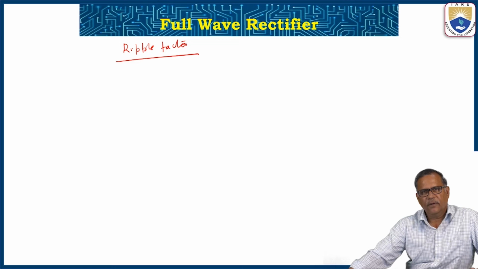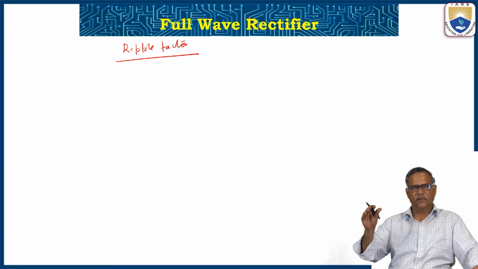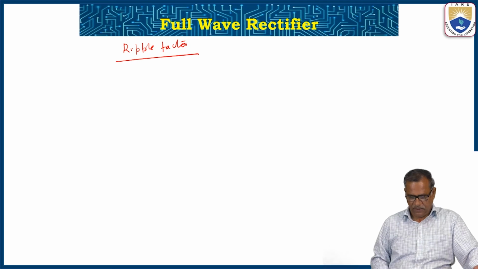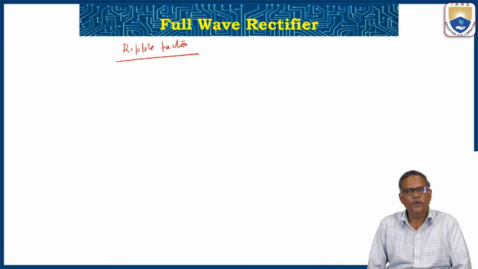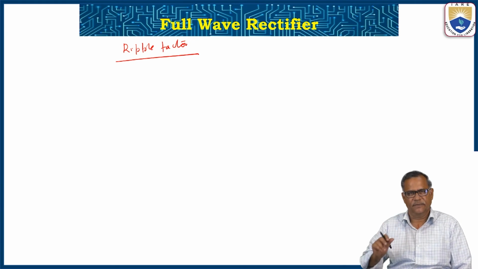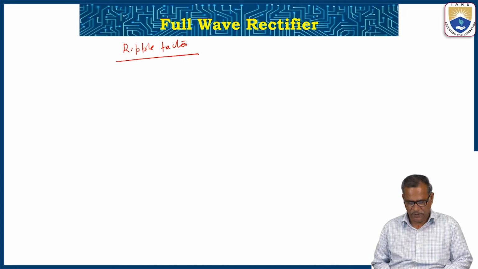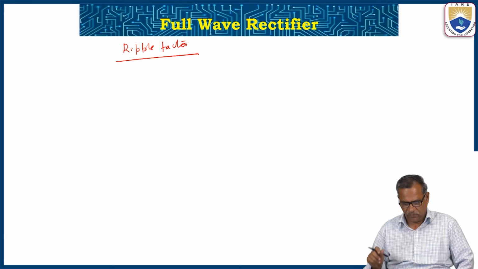See, ideally we require a DC output, without any fluctuations or variations. But the output is not ideal, it is not pure DC. There are some slight variations. So the output is not pure DC because the output contains some amount of pulsating components.